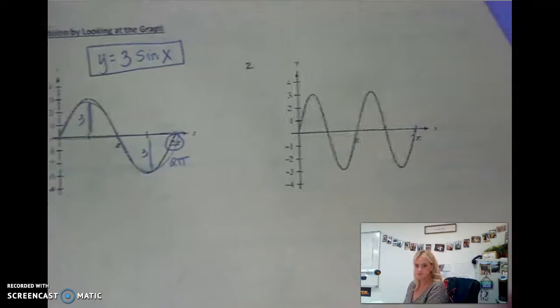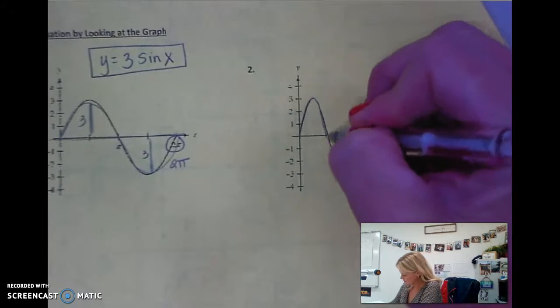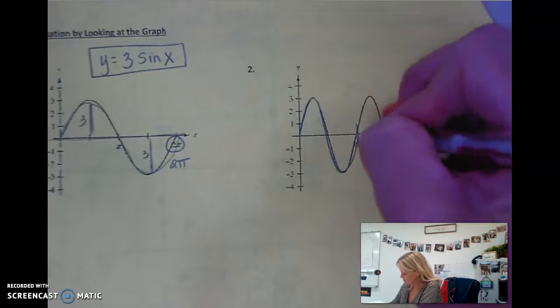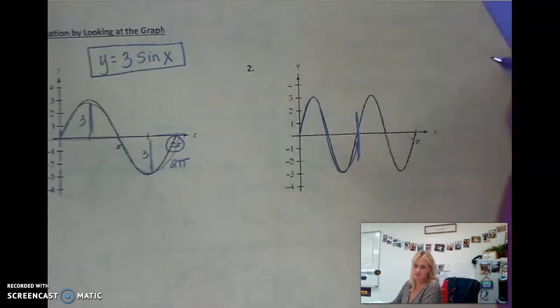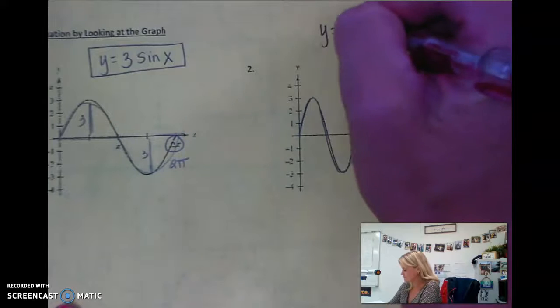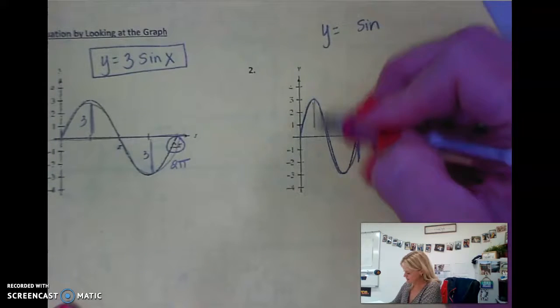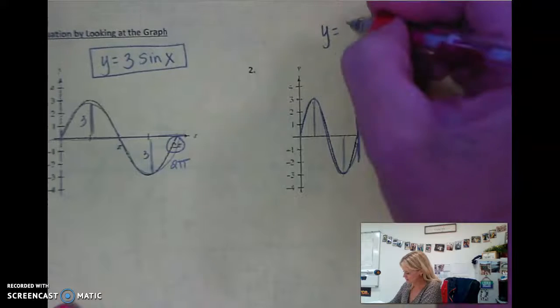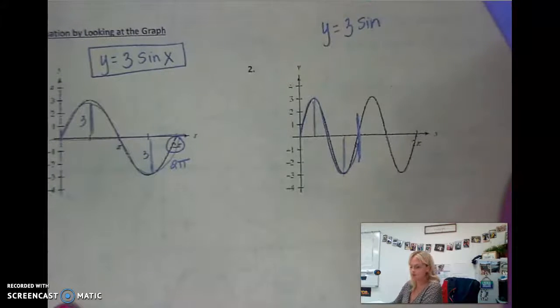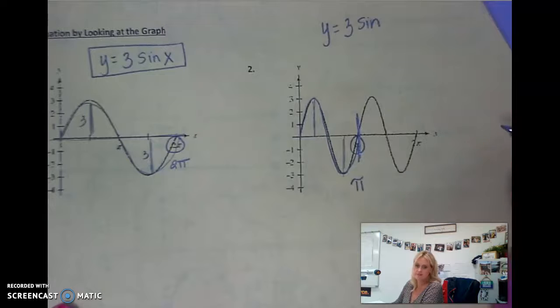Alright, let's look at number 2. This is one cycle from here to here. Again, you decide sine, cosine, or tangent. And this is sine again. Look at your amplitude, as high as 3 and as low as 3. However, this time we were done in 1 pi.